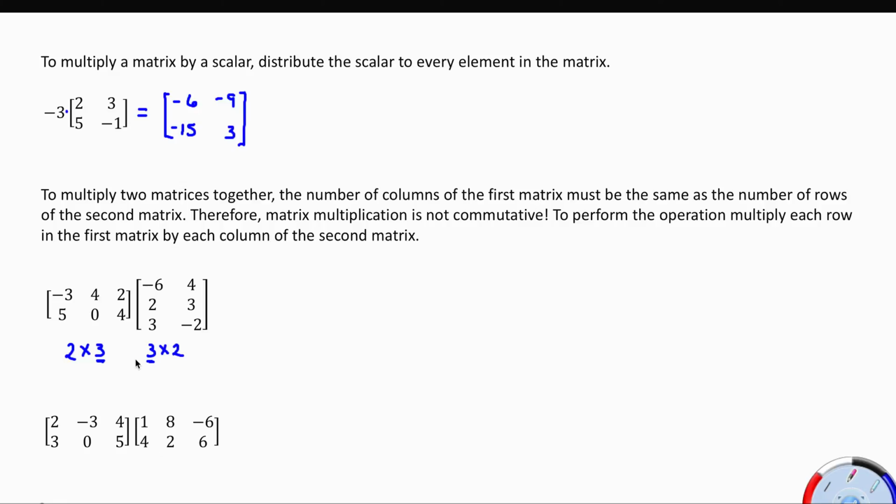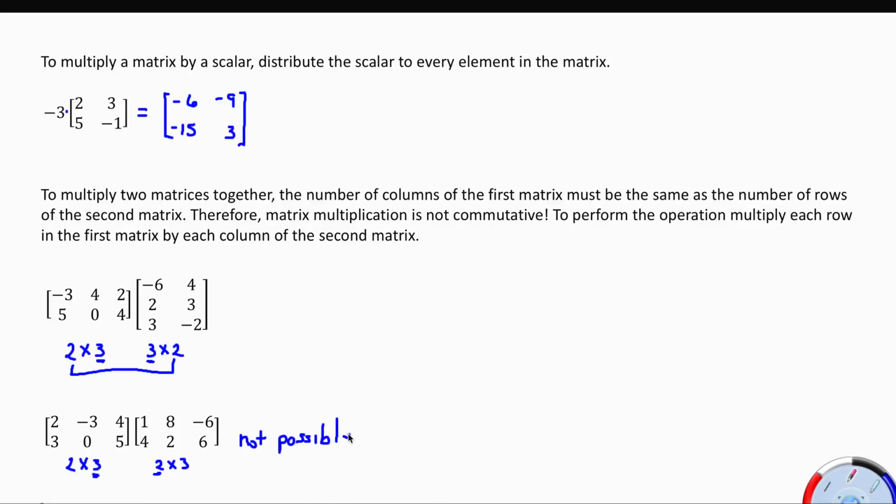Because they are, it's possible to multiply these matrices. Not only that, my answer will be a 2 by 2 matrix. Down here, I have a 2 by 3 and another 2 by 3, because these columns are not the same as these rows, this is not possible to multiply these two matrices.